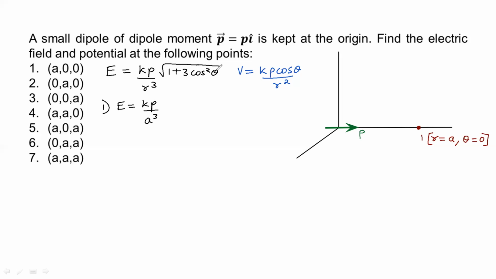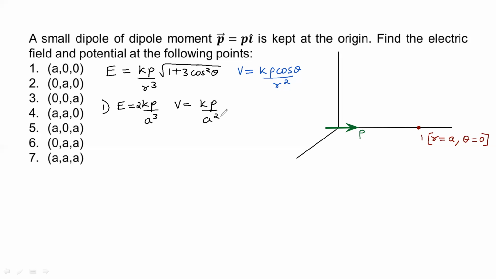Cos of 0 is 1. So 1 plus 3 is 4. Root of 4 is 2. So this is going to be 2Kp by a cube. All right. And you could also see that this is a point on the axis of the dipole, so if you remember the formula of that, you could write that as well. Okay. And the potential, what would be the potential? It is going to be Kp by a square. Okay. So that was case number one.